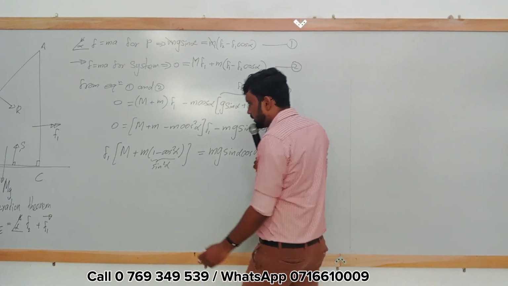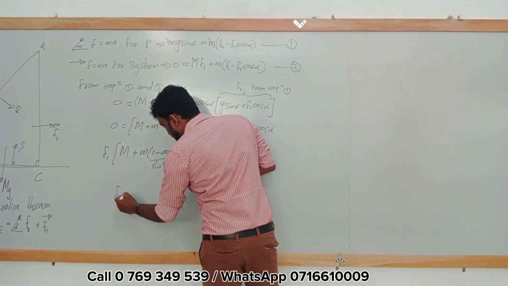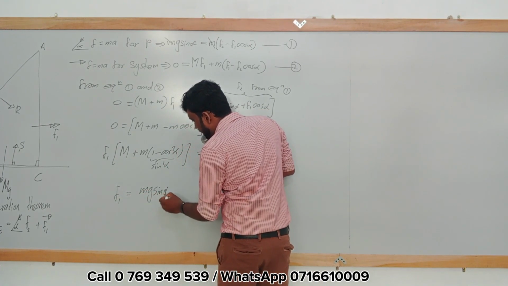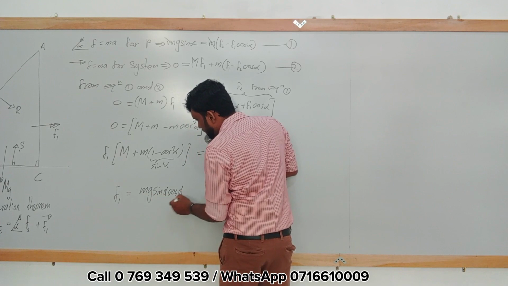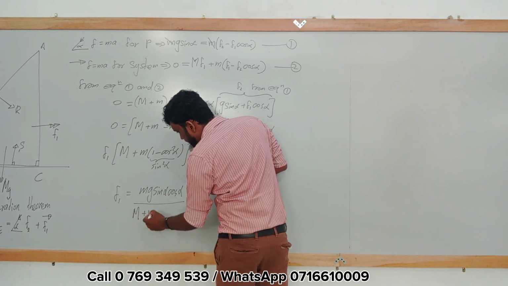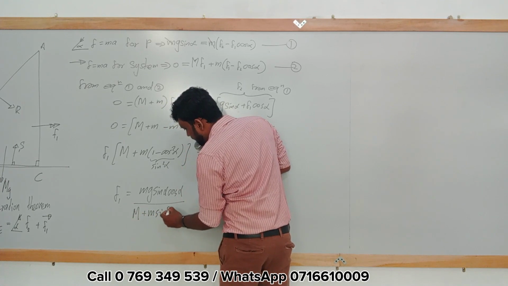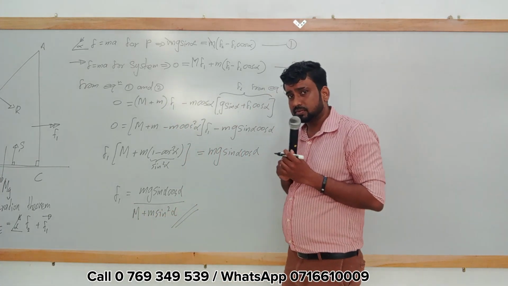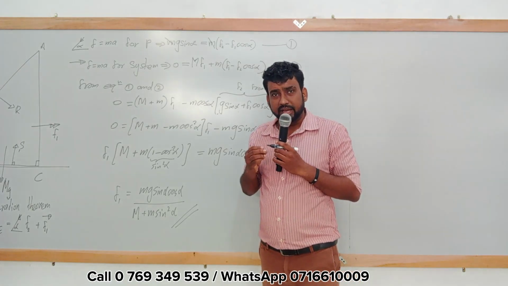Right? Now f1 equals mg sin alpha cos alpha divided by M plus m sin square alpha. That is the answer.